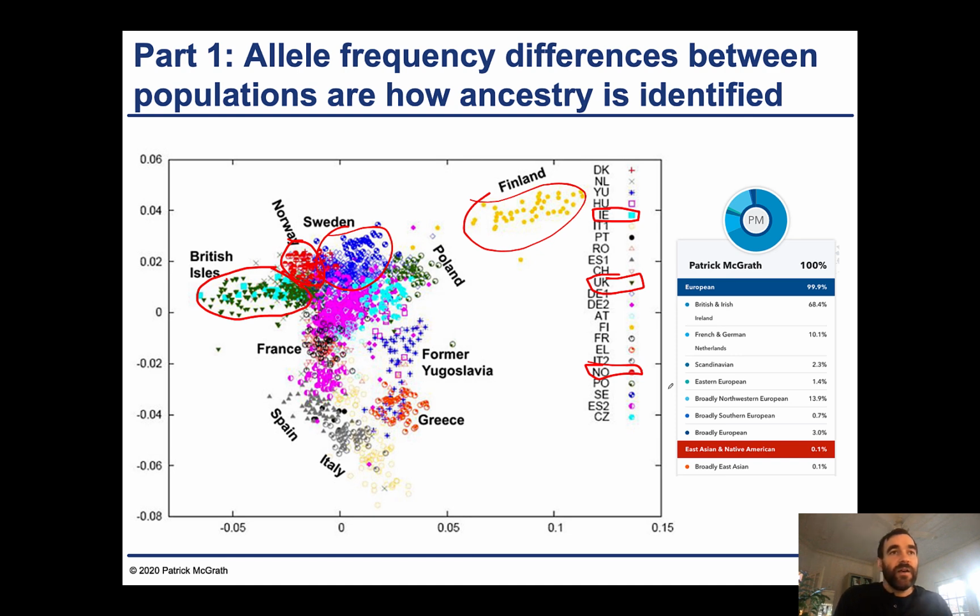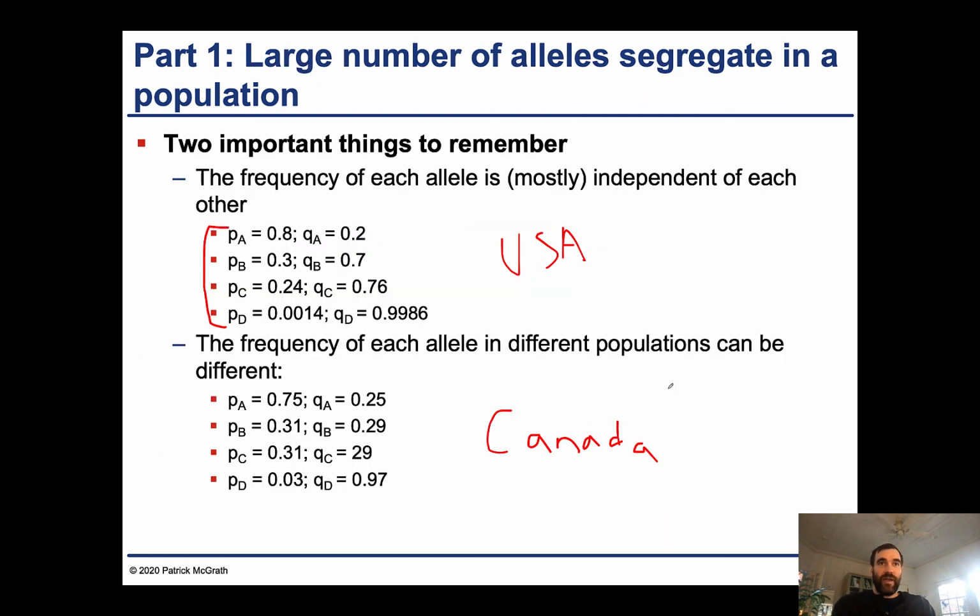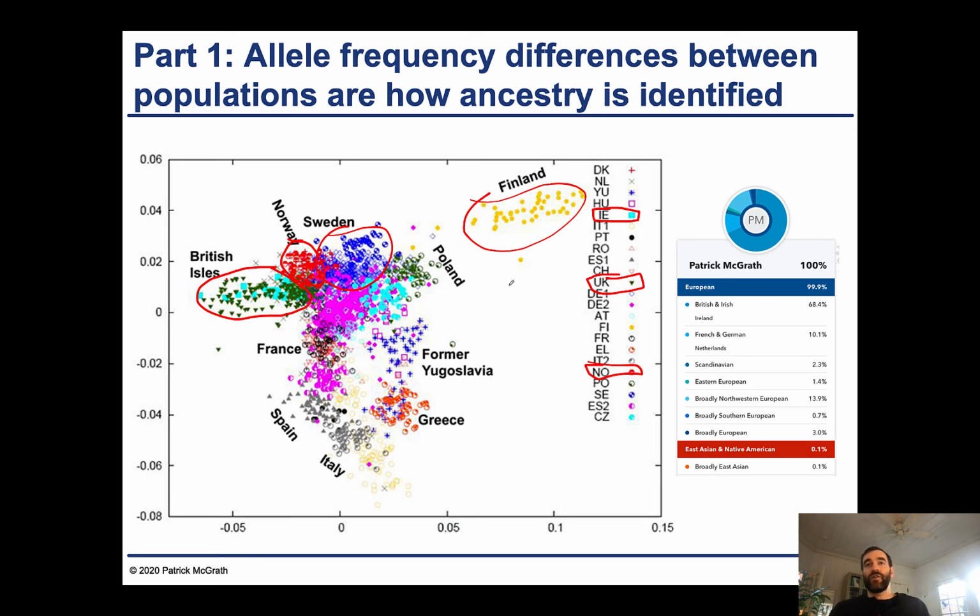So again, populations have allele frequencies, and populations have different allele frequencies, and you can use that information to actually infer ancestry, kind of where you're from, based upon the set of alleles that you actually carry within your own chromosomes.